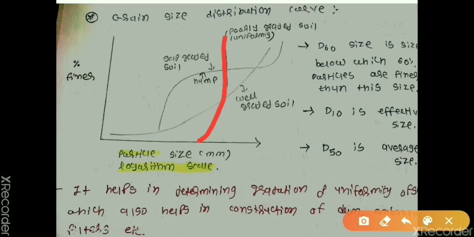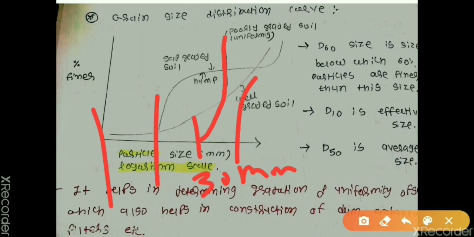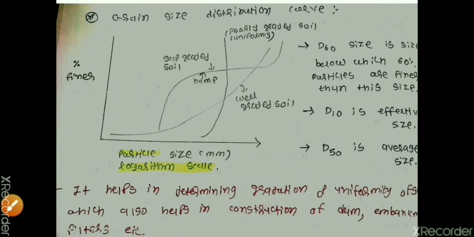Consider that it is size 30, so almost 30 size particles are present, and no other particle size is present in this curve. So it is poorly graded or uniformly graded soil. Why uniformly graded? Because almost one type or one size of particles is present.